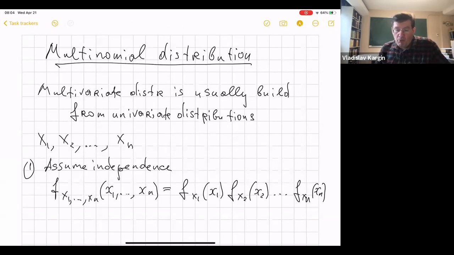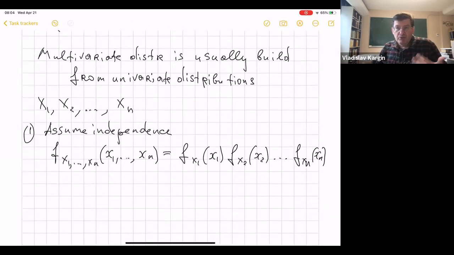In many cases, you don't want to assume that they're independent of each other. So another approach is to write them down by using the multiplicative law.